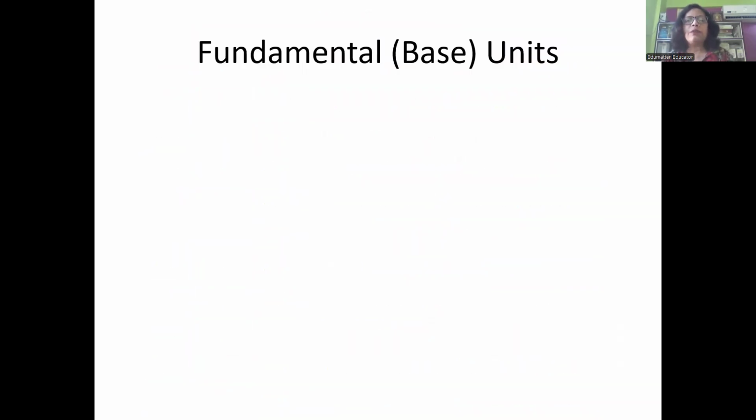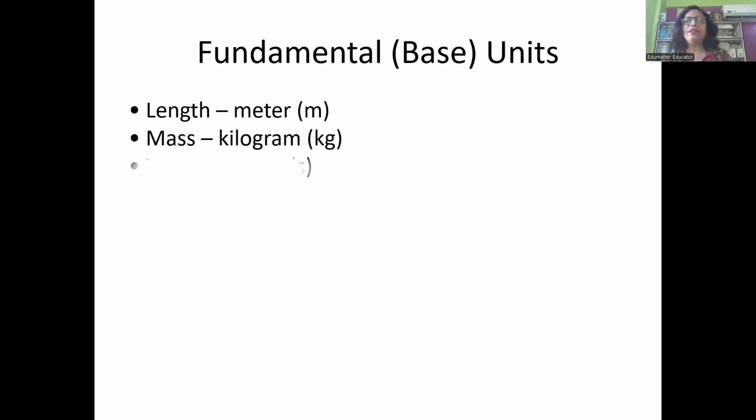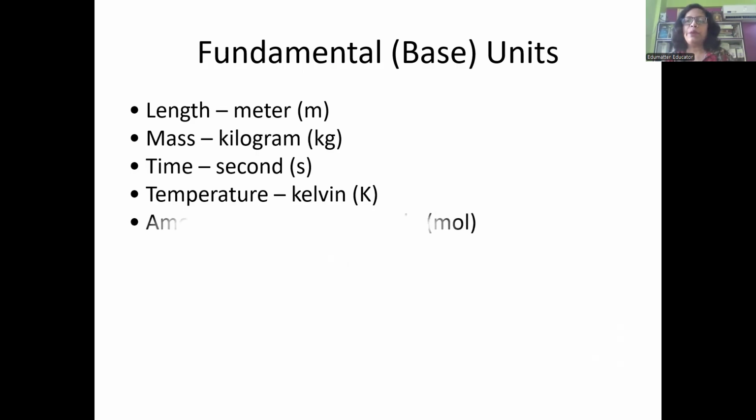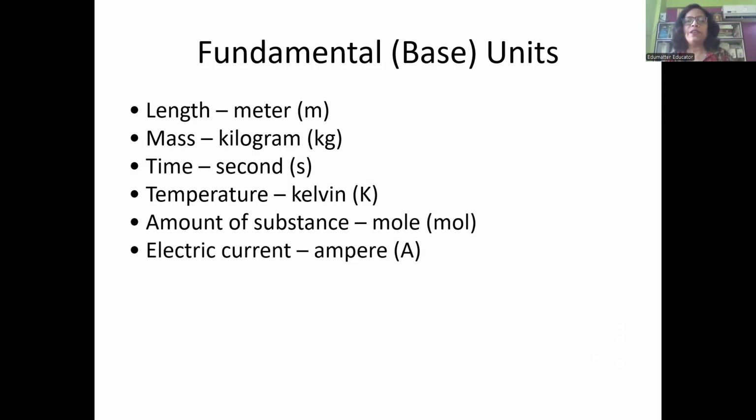Now we were discussing fundamental and base units. 7 fundamental units are there: length, mass, and you will see the SI units by the side of the quantities: length, mass, time, temperature, amount of substance. Now you may get confused that once we are talking about mass, once we are talking about amount of substance.